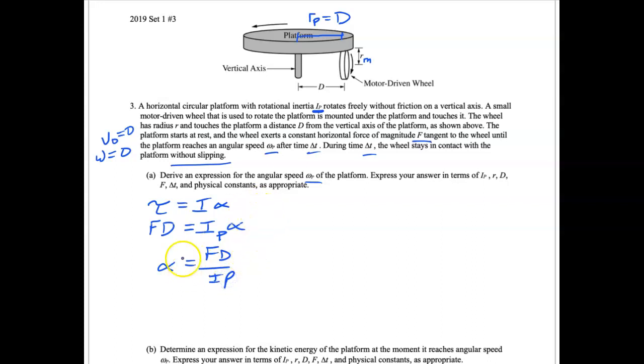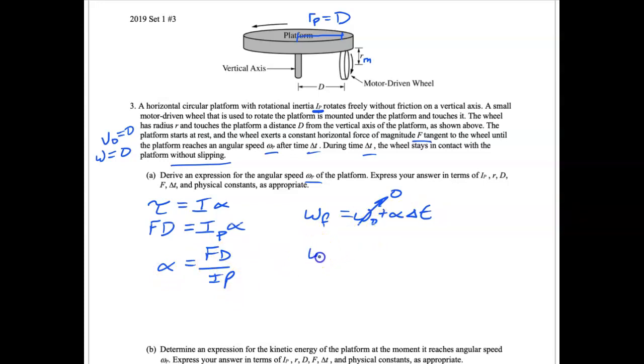And we don't want to solve for alpha. They want us to solve for omega p. So this is where they're trying to get you to do some kinematics. We know that the final angular speed is equal to the original angular speed plus alpha times delta t. And we know that this is 0, so we're not going to worry about it at all. And we know that alpha is FD over IP.